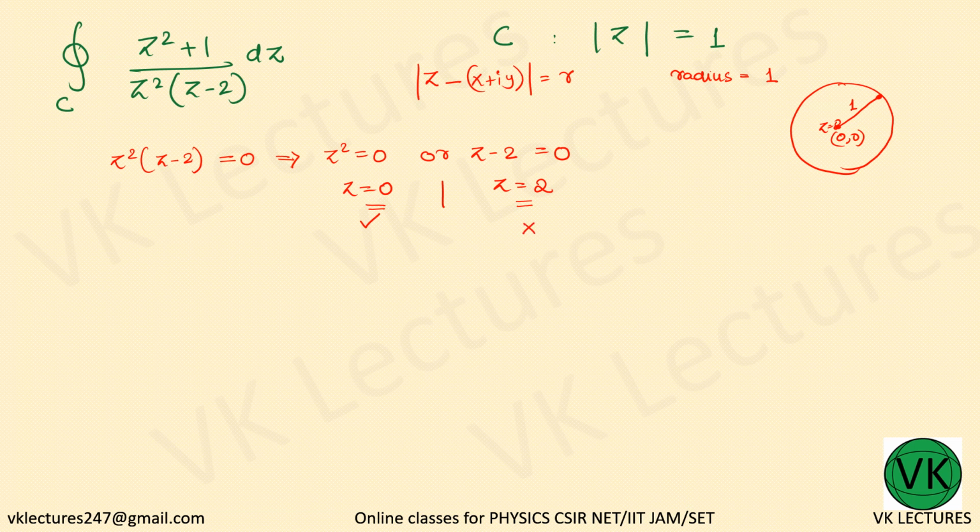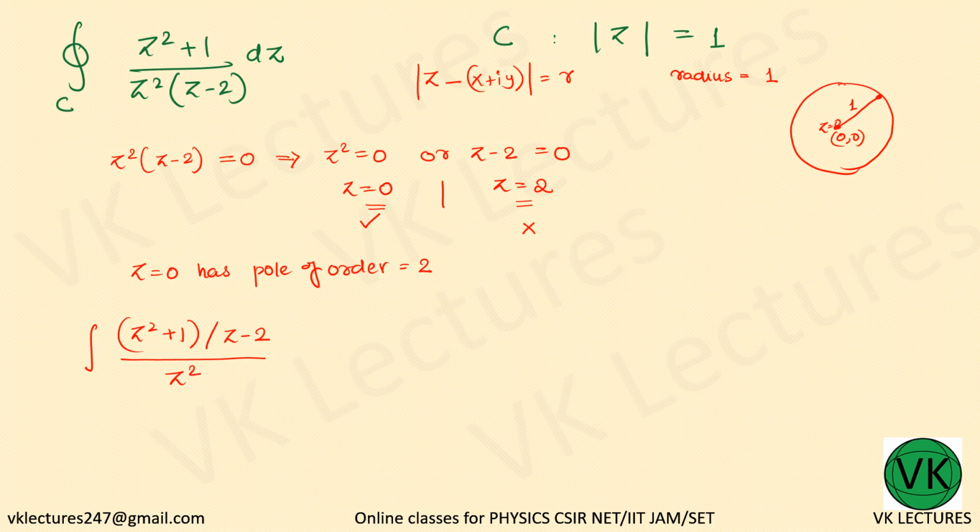So z equal to 0 has a pole of order 2, the power is 2. So z equal to 0 has a pole of order equal to 2. So our integral takes the form z square plus 1 divided by z minus 2, divided by z square dz.